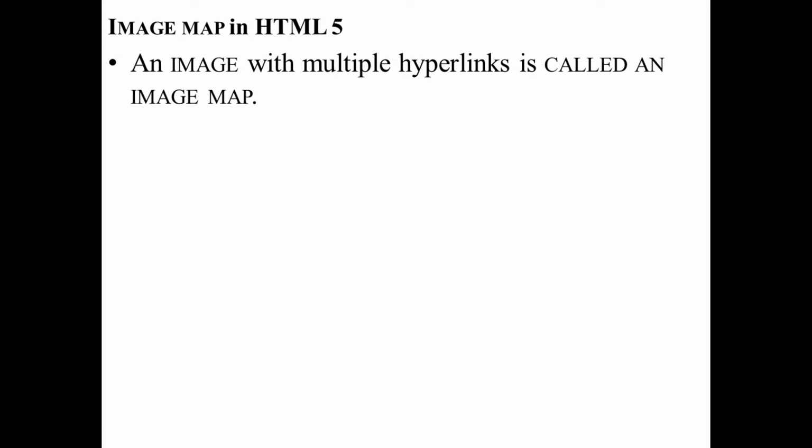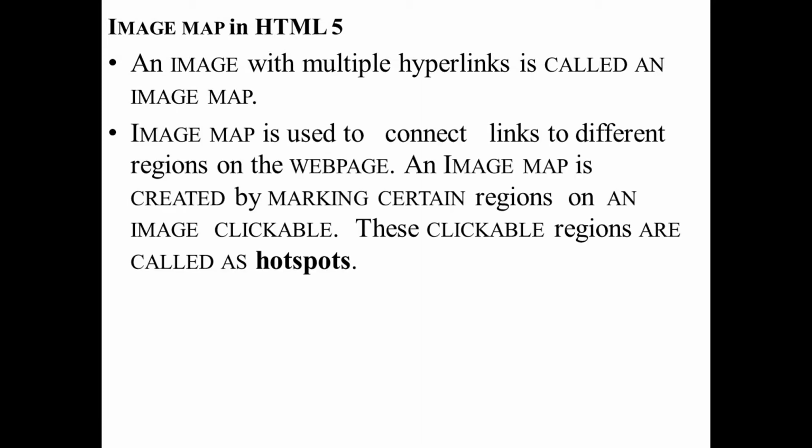An image with multiple hyperlinks is called an image map. So what is an image map? An image with multiple hyperlinks is called an image map. An image map is used to connect links to different regions on the web page.